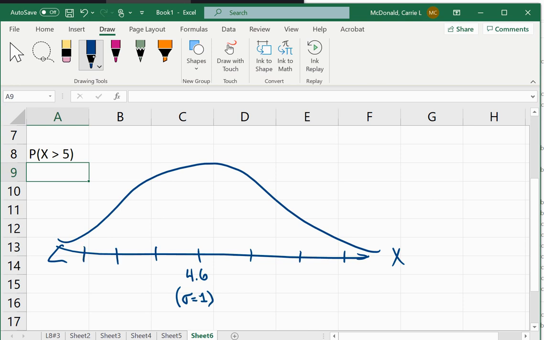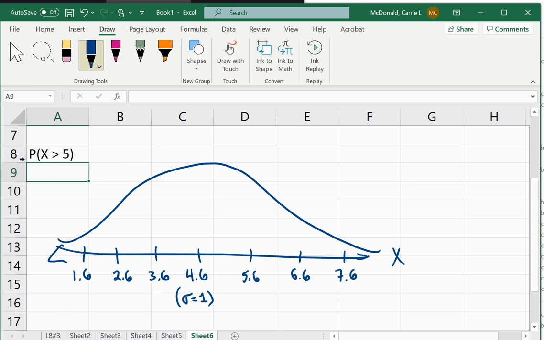Now I'm only going 3 standard deviations in each direction because remember the empirical rule tells us that 99.7% of all the values will be within 3 standard deviations of the mean. Doesn't mean you can't have anything go beyond that. It's just most values will fall in that range. So all I did was take my mean of 4.6 and add the standard deviation 3 times and subtract the standard deviation 3 times. Just gives me a scale to visualize what's going on here.